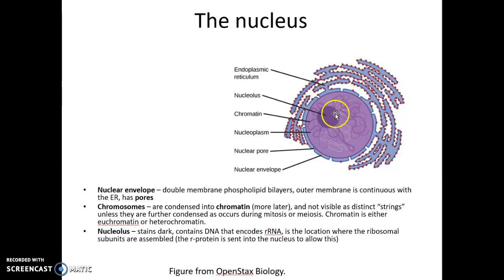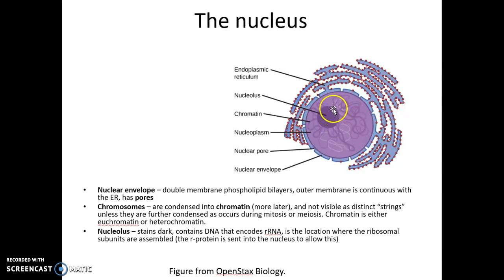When you're looking at a nucleus, there's always a dark circular area called the nucleolus. And that is a particular area that contains DNA that has ribosomal RNA genes on it. And this is also the place where ribosomal subunits are assembled. So you should remember that ribosomal subunits are made out of rRNA and ribosomal protein.